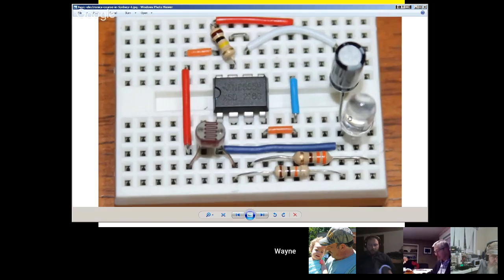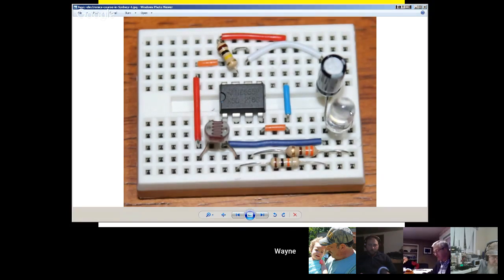See, this is another breadboard here too. This is another little circuit that has an LED. This right here has a little 555 timer. This, I believe, might be a light photo detector, that if the light goes out, this light comes on.